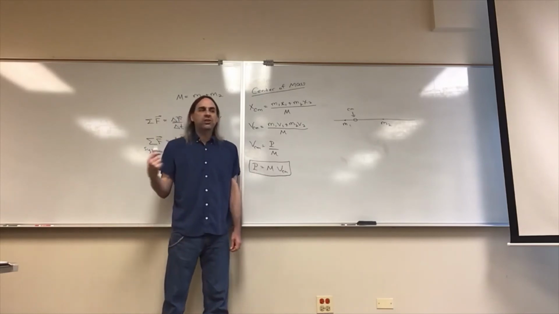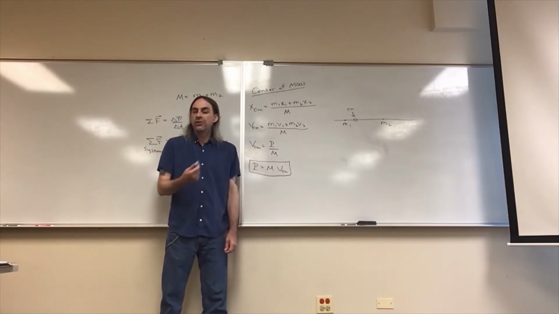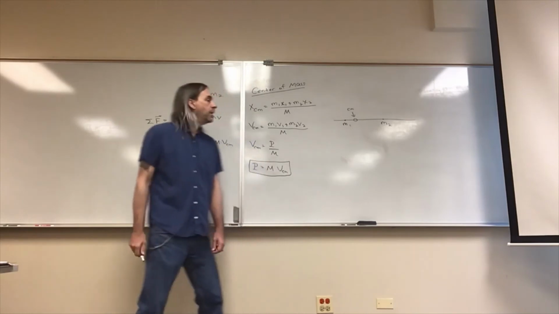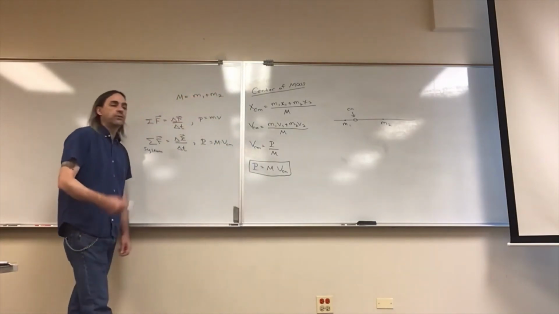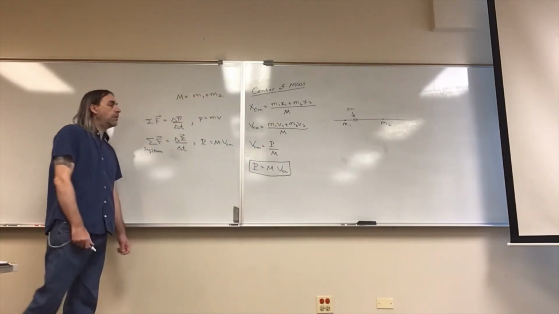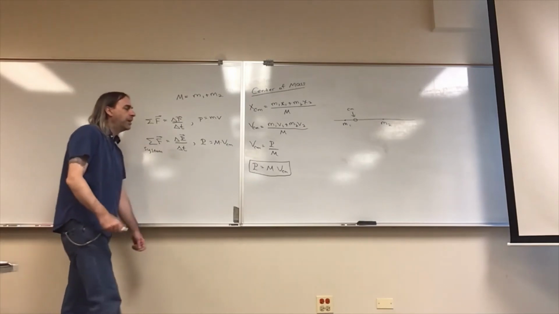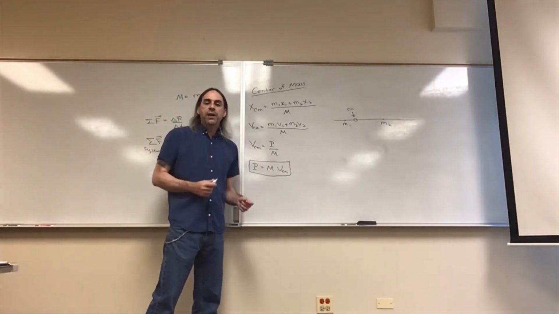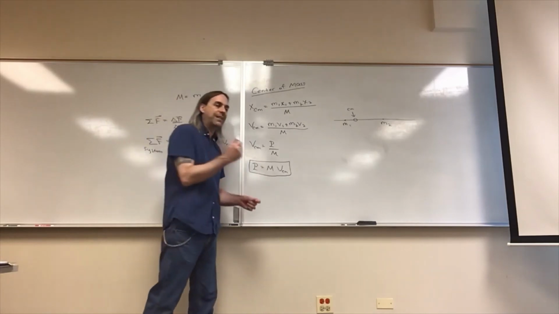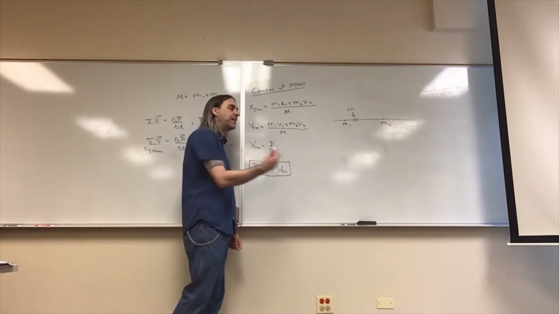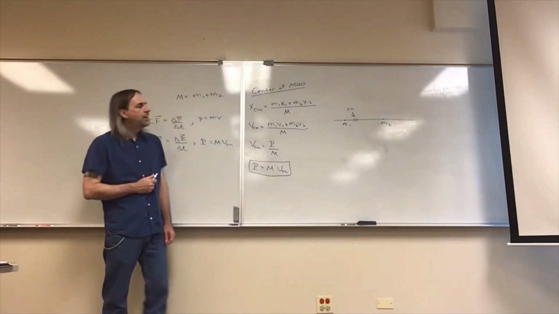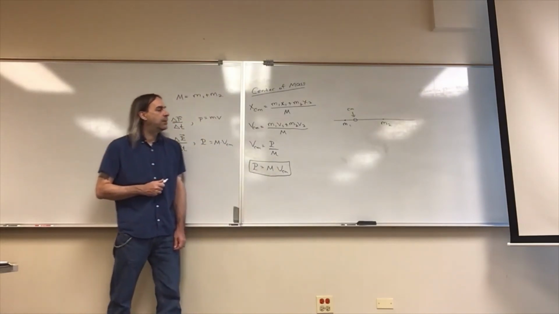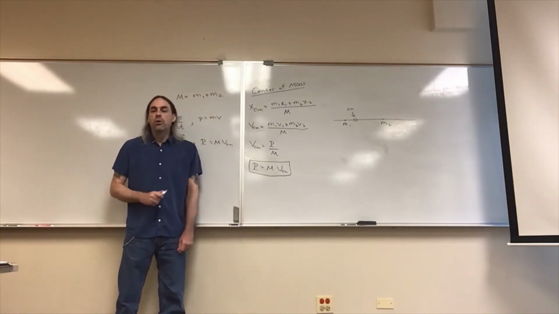But if we just switch reference frames, we know how to do that by using our rules with a subscript and all that. Sometimes if you picture yourself moving along with the center of mass of the system, a collision is much easier to deal with.